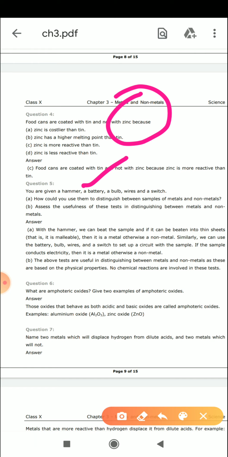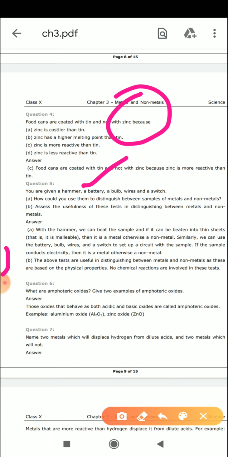Now question number 5: you are given a hammer, a battery, a bulb, wire and a switch. How could you use them to distinguish between a sample of a metal and a non-metal? I already discussed the physical properties of metals and non-metals; hammering tests the property of malleability.